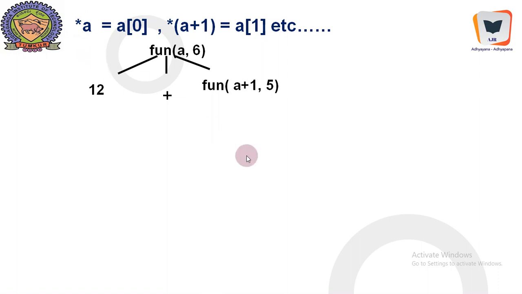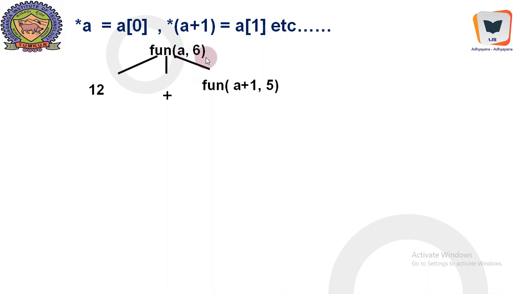A is nothing but the name of the array itself. Therefore if you happen to print printf %d a, you will get the address of a. And if you print star a, you will get the content of the 0th cell. If you want to take out the content of the first cell, you add 1. Second cell, add 2, something like this.